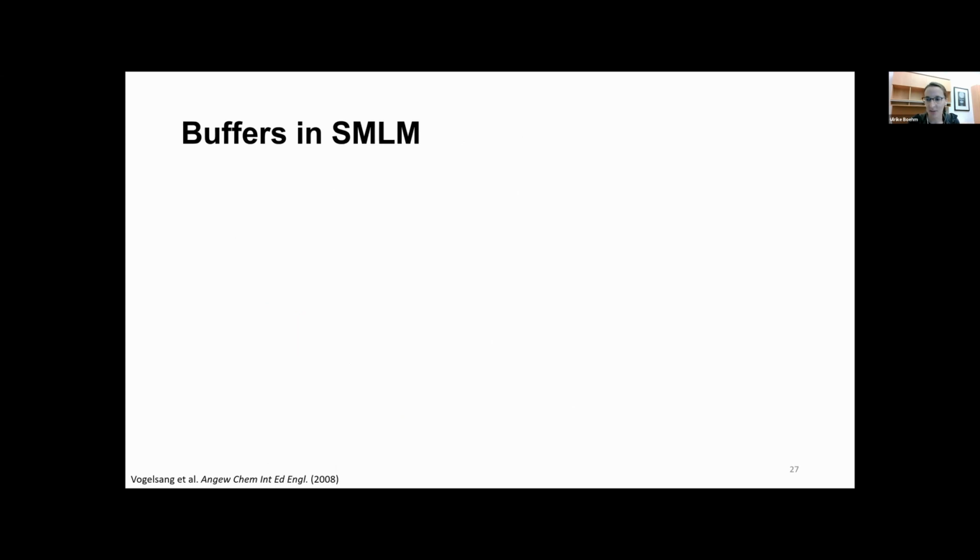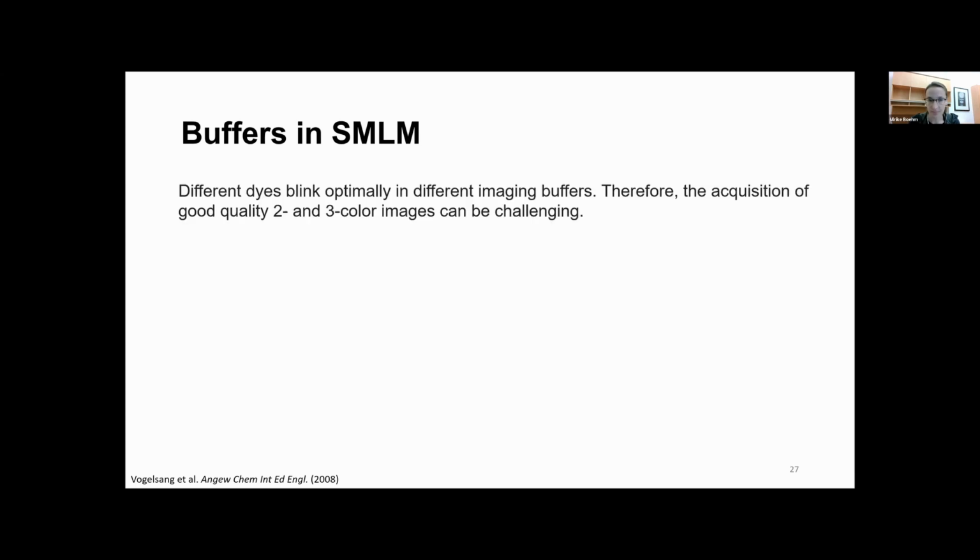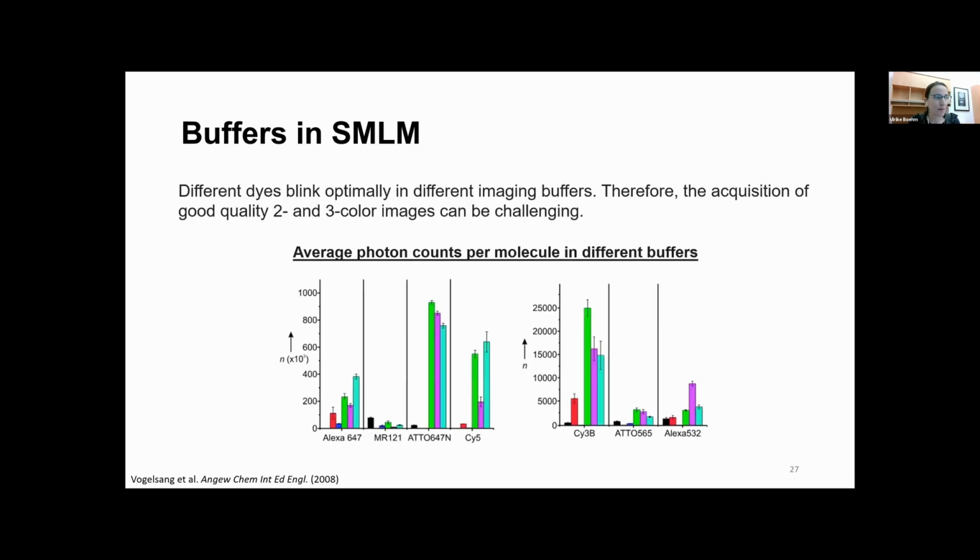Then let's dive a little deeper into the buffer conditions. I mentioned that for the so-called direct STORM approach, you use conventional dyes which you embed into buffers in order to make them blink, because under usual conditions these organic dyes would not necessarily blink. The problem is if you want to do multicolor experiments, you might have different dyes which have their optimal emission of photons in different buffers.